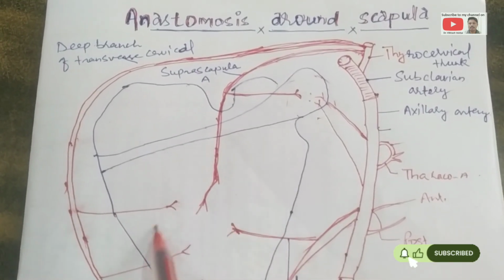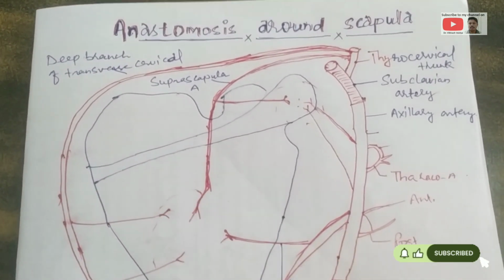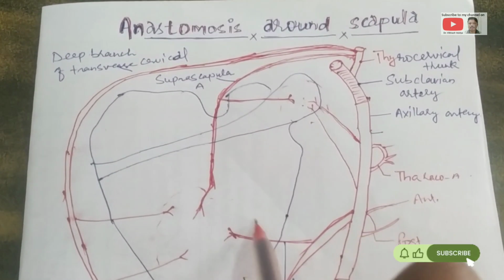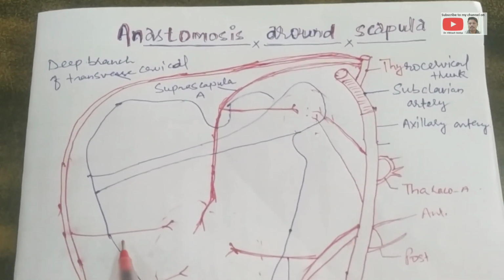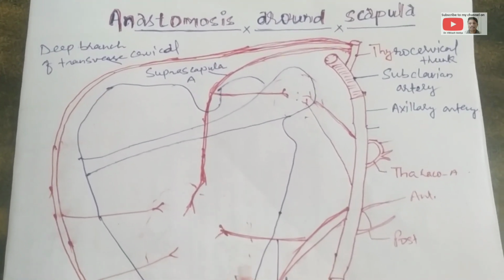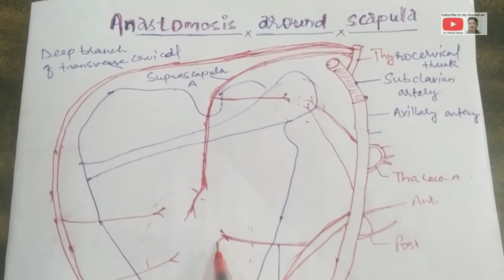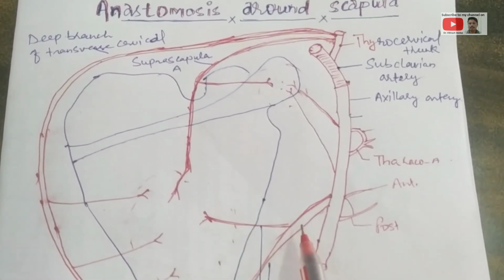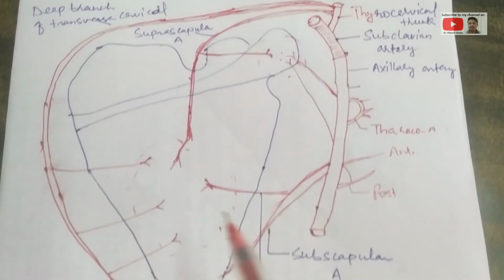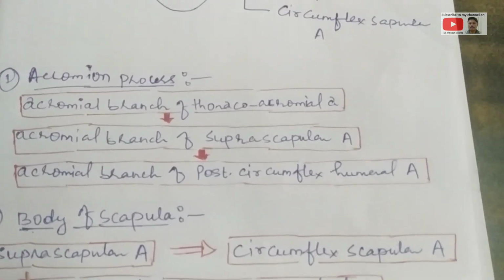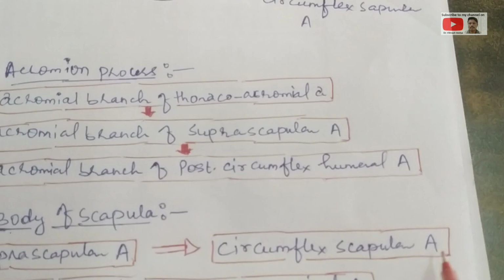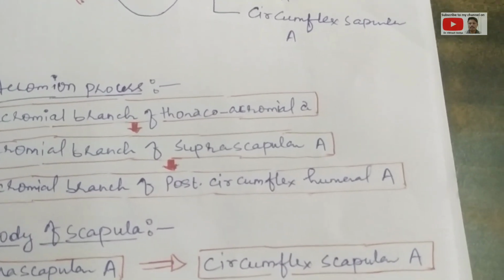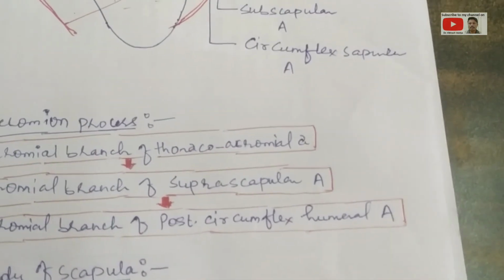So over the body, these three branches anastomose with each other: the suprascapular artery, the deep branch of the transverse cervical artery, and the circumflex scapular artery, which is a branch of the subscapular artery.